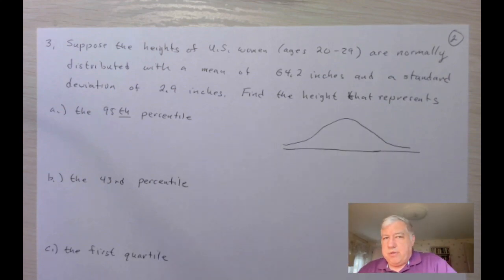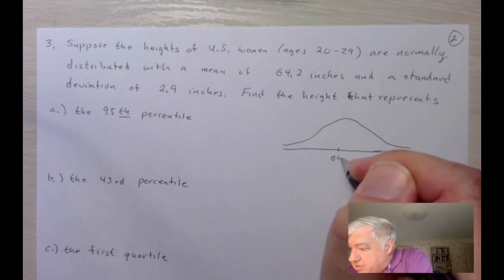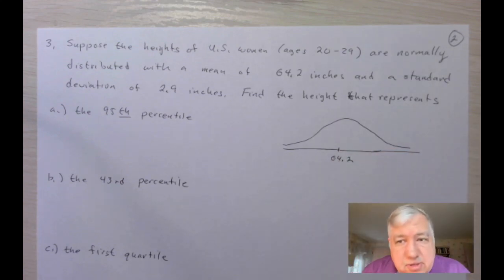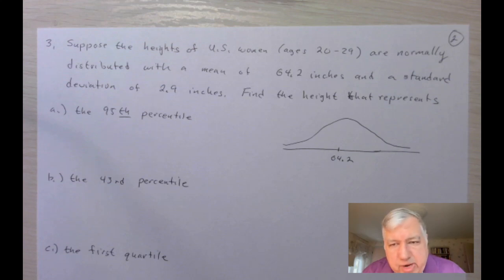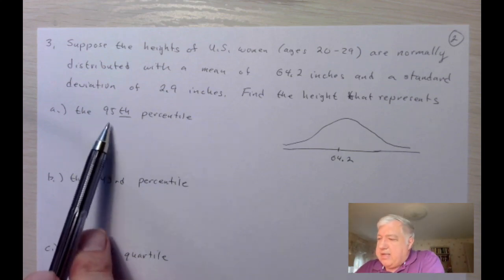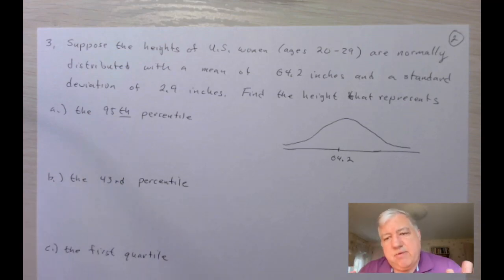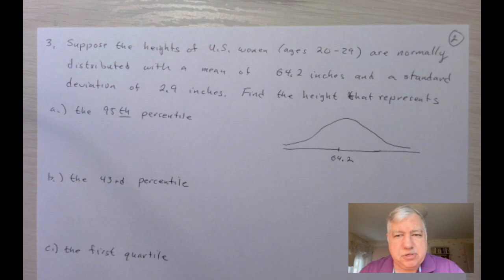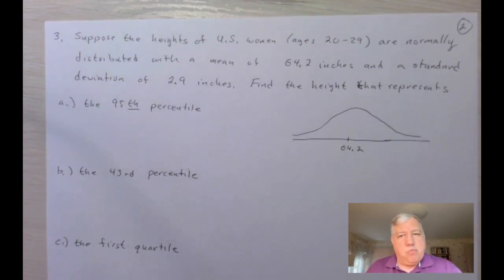So in this case, the mean would be 64.2 with a standard deviation of 2.9 inches. Okay, so what are we actually talking about when we talk about percentiles? When we want to find the 95th percentile, this is going to be a little bit different because we're talking about finite sets, but very large finite sets, very large populations. We don't want to know exactly how many heights are less than a certain number.